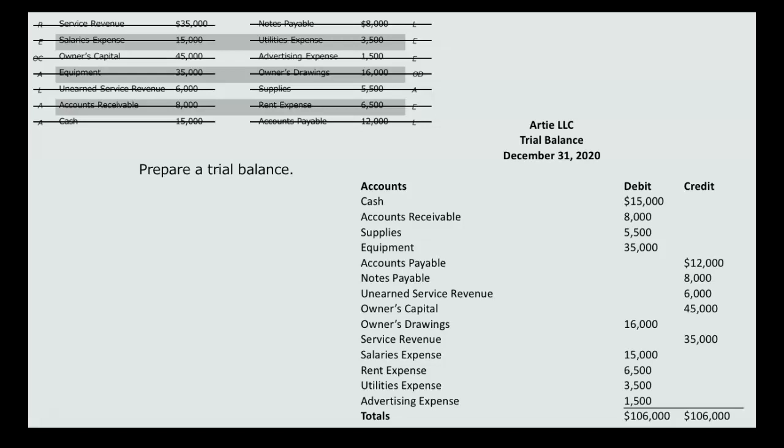However, I would not harp on that too much, right? If your debits and credits equal, you'll be able just to move on from your trial balance. So that's what your completed trial balance would look like.